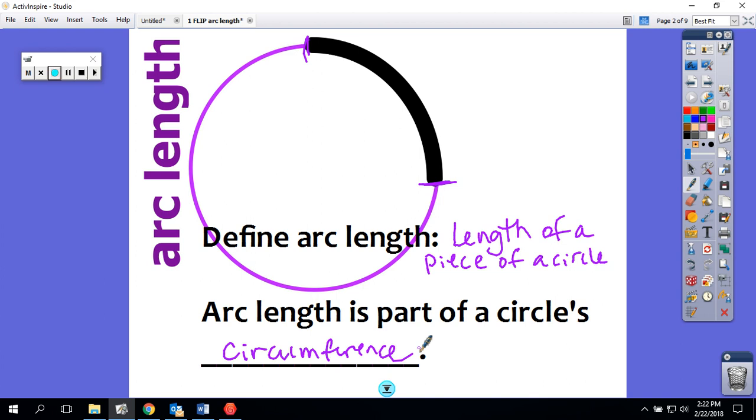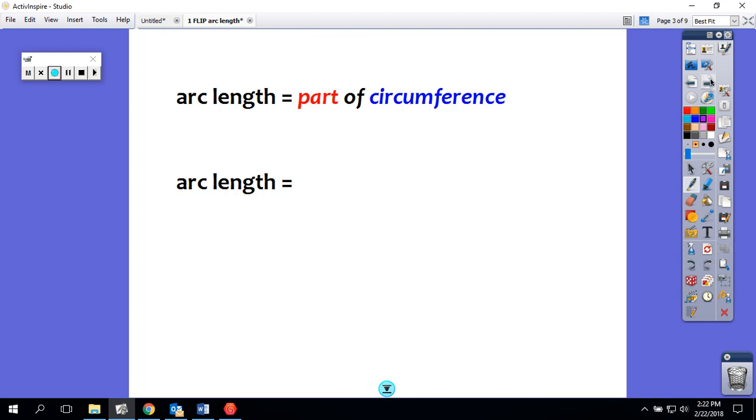All right, so it's just the length of a piece of a circle. It's part of the circumference. So our formula for arc length, if we think about it as part of the circumference, the part is going to be our fraction, which is theta over 360, where theta is the central angle measure.